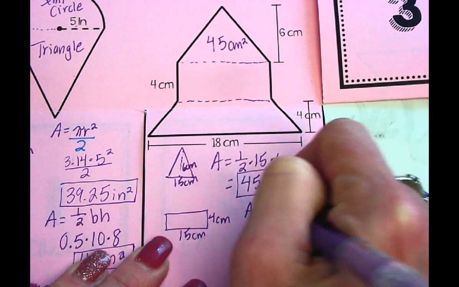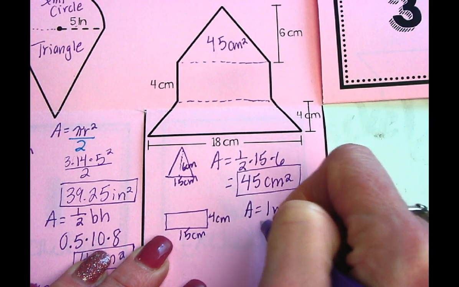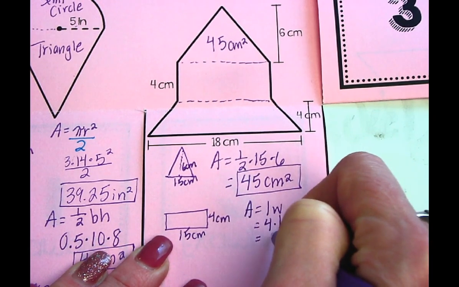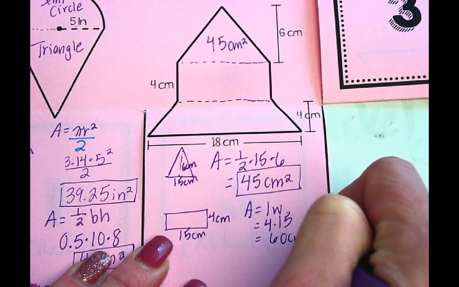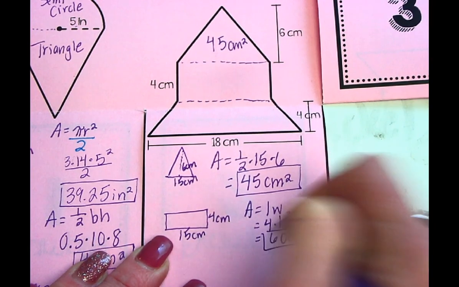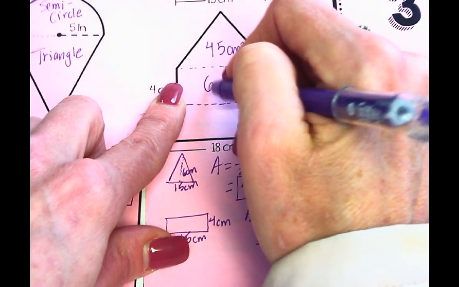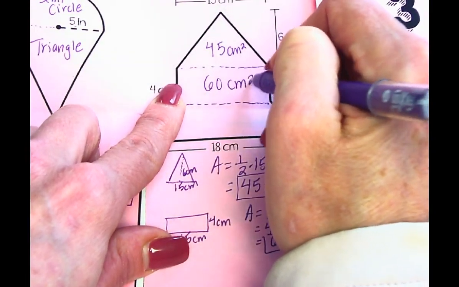So area is length times width. So area is 4 times 15, so it's 60 centimeters squared. So I'm going to go ahead and draw it on my shape, 60 centimeters squared.